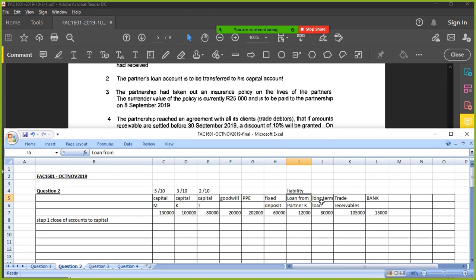The partnership has a loan from a partner, so this would be a credit balance. To close off this account, you would debit the loan account and credit the capital. So minus 12, plus 12.